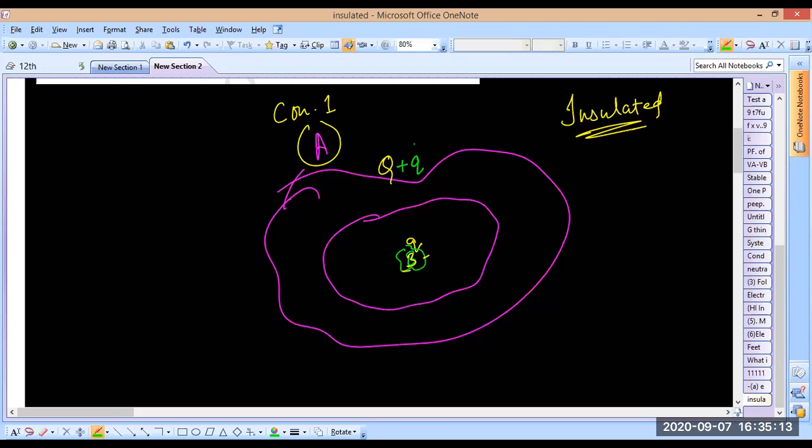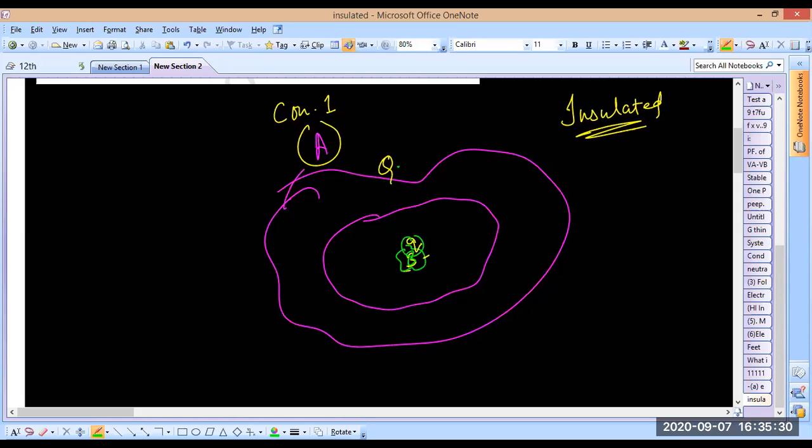Again, the charge of this is not going there, it is insulated, meaning charge is not flowing like that. So we have to prove that the charge over here becomes Q plus q. Okay, how do we prove it?